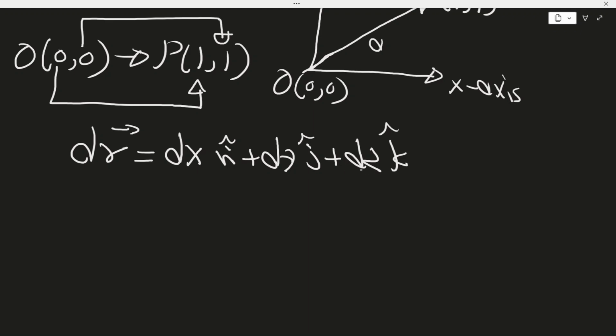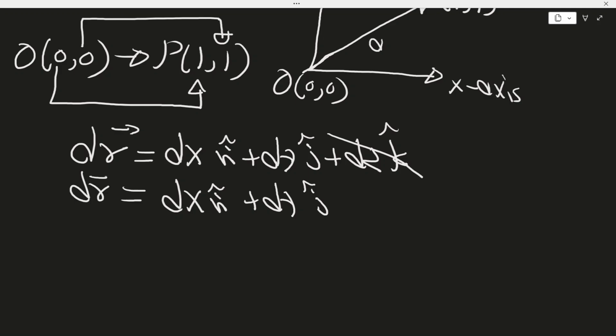We do not have a dz because there is no z axis in this problem, so I'm going to cancel this part, just writing down dx i plus dy j. This is dr, by the way.